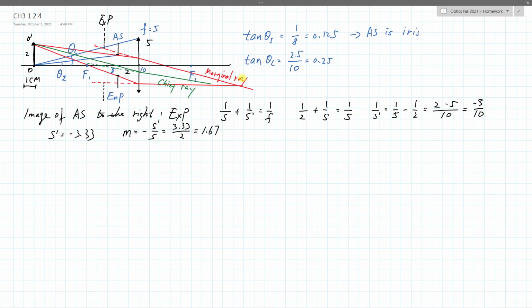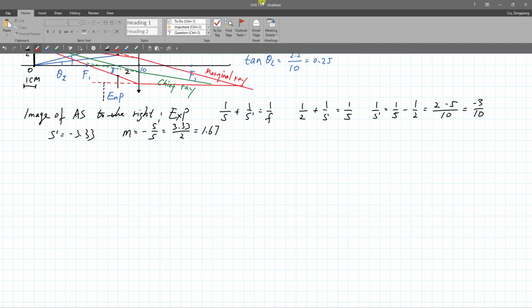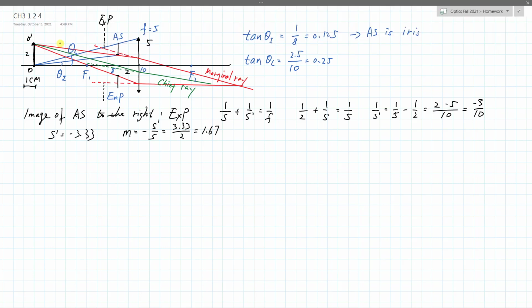Looks like my green ray is a bit off. I didn't really draw the best I could, so that green ray extends somewhere over here. Maybe I could cheat like this, to get that green ray better drawn, so that all of them go through the same exact point right here. So that is our image. If I want it, here's the image.